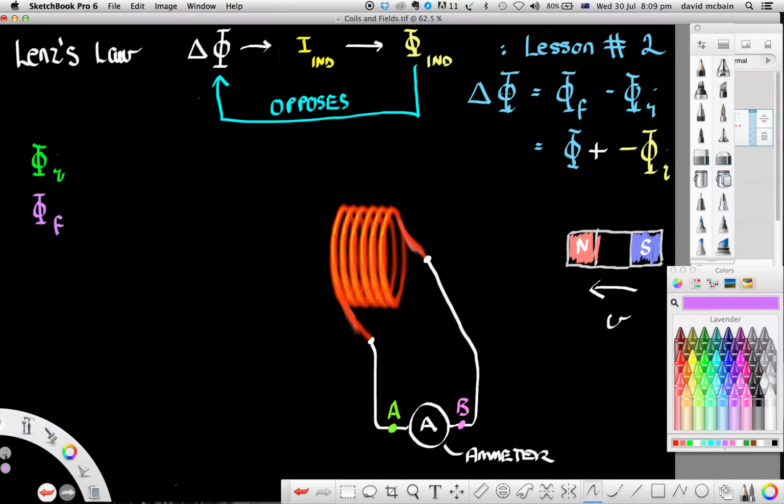Those two give us the change in flux. And remember, the change in flux that's being caused will induce a flux to oppose it. So the induced flux will be the negative of the change in flux. So finally, we will have the induced flux.